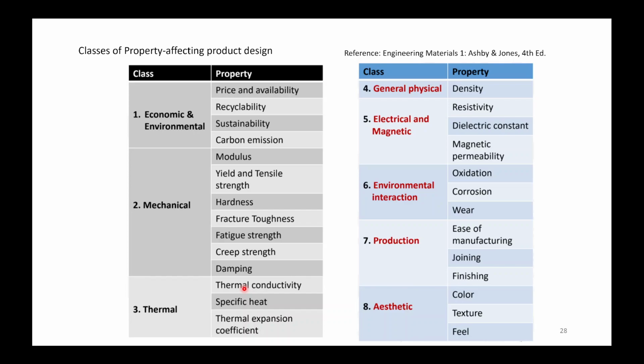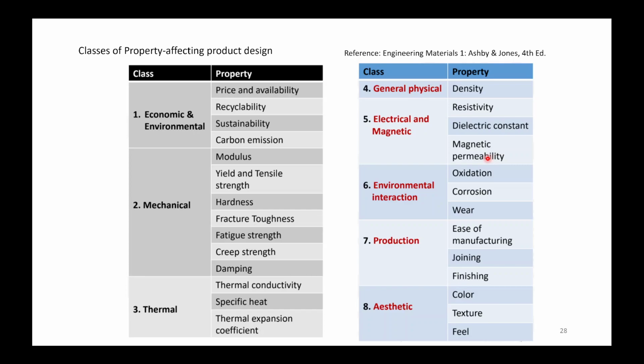Density is a very important property which we consider when selecting materials for vehicles and aeroplanes, where fuel consumption is very critical. Fifth is electrical and magnetic properties: resistivity, dielectric constant, which is important in capacitors, and magnetic permeability.